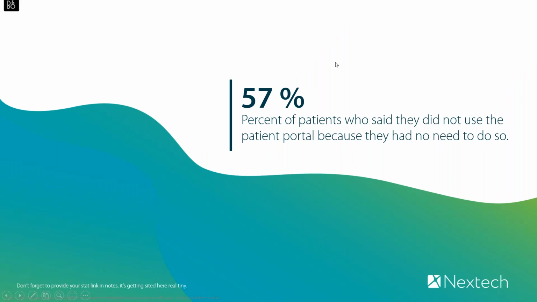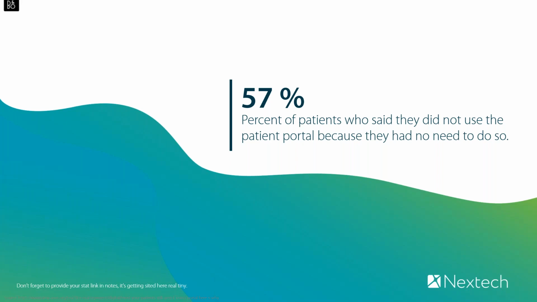Even more upsetting, of the patients that do get access to a portal, that 60%, 57% of them, more than half, said they didn't even use it because they didn't have a need to. So that's very interesting as we go through today, especially as we relate it to the NextGen patient portal.